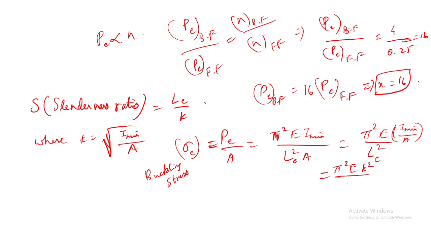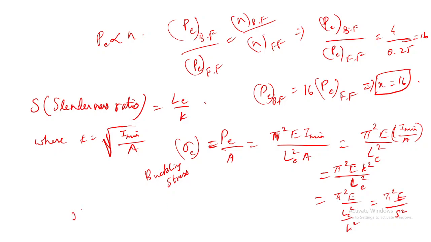So it will be pi square E by LE square divided by K square, which is equal to pi square E divided by S square.